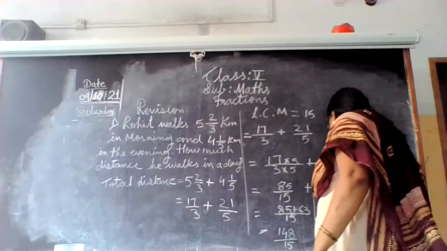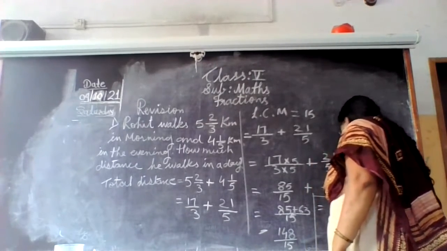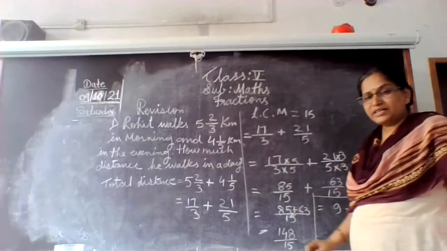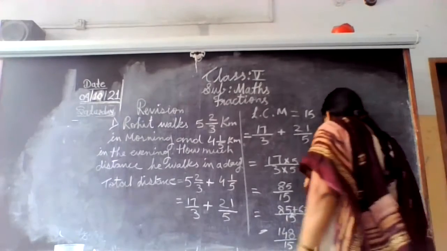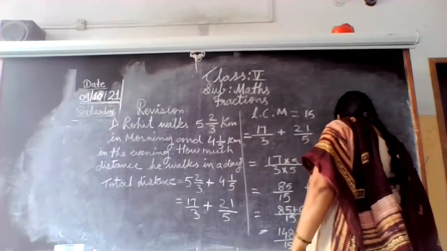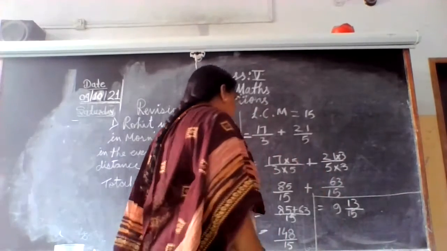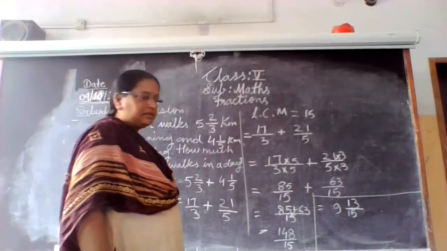That means the whole number is 9. Then 148 minus 135, what is left? 13. So it is 9 integer 13 upon 15.